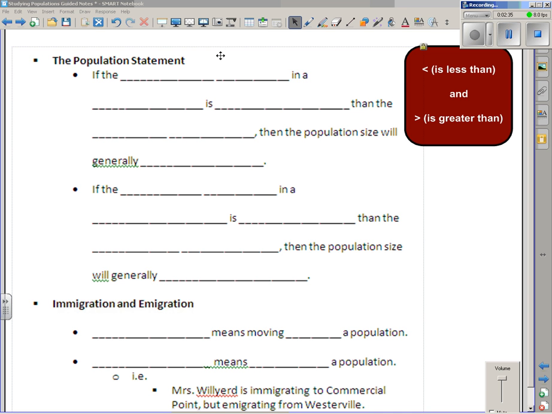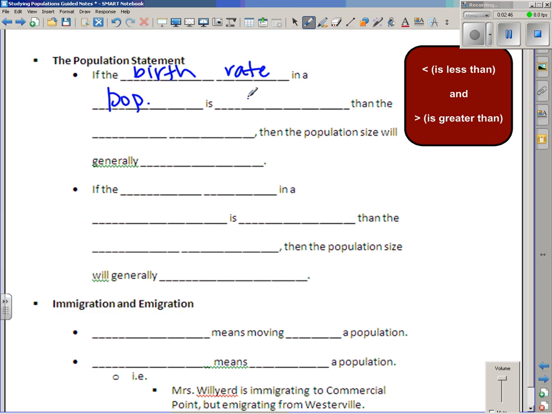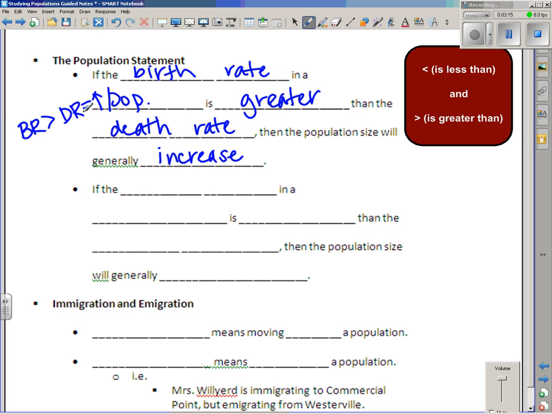So if the birth rate in a population is greater than the death rate, then the population size will generally increase. Okay, so you know that if the BR, the birth rate, is greater than the DR, the death rate, equals an increase.